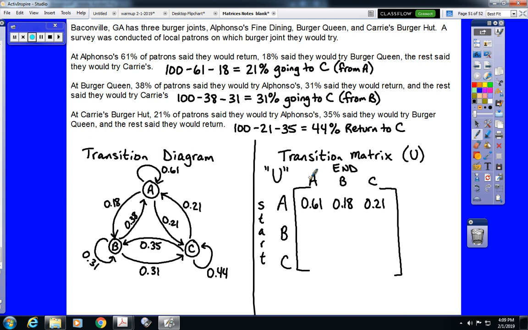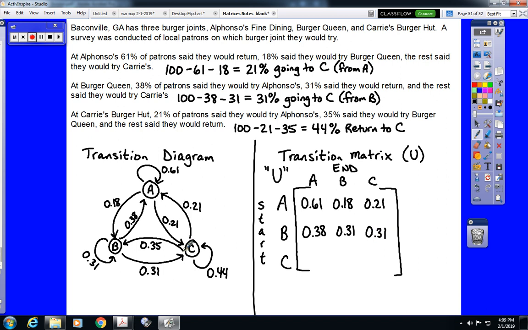Starting at B and ending at A is 0.38. Starting at B and ending at B is 0.31. And starting at B and ending at C is also 0.31.